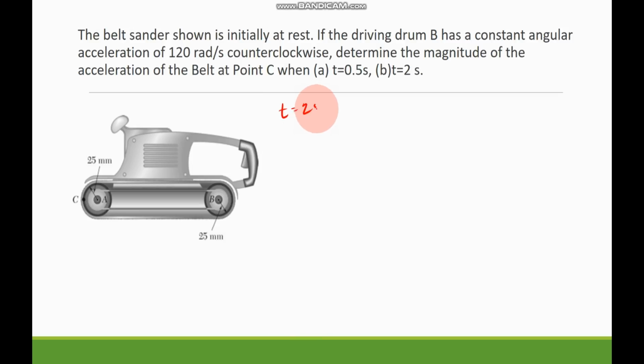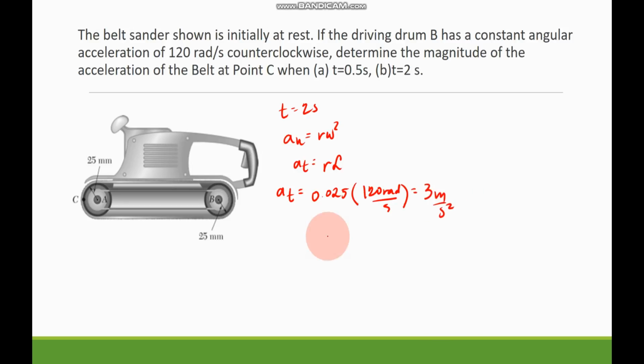So at t equal to 2 seconds, for the tangential component, same as before, it is equal to 3 meter per second squared, so it is the same as earlier. And then for our an, we need to find the value of the normal component.